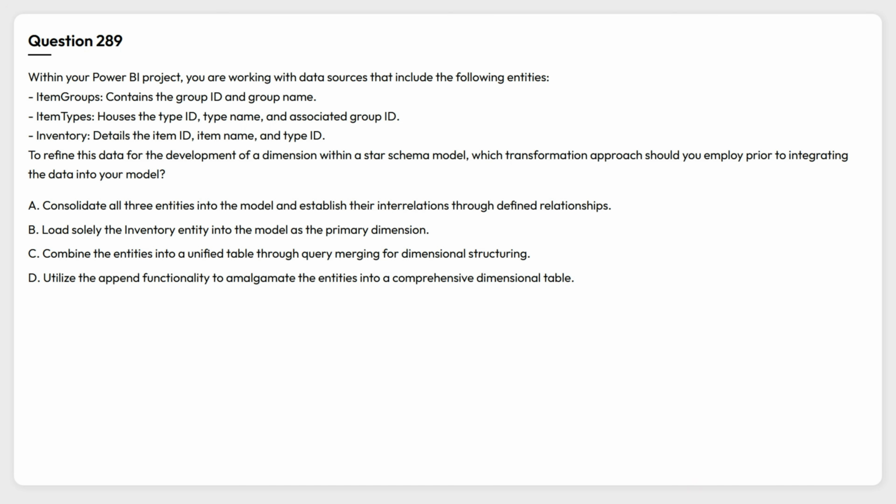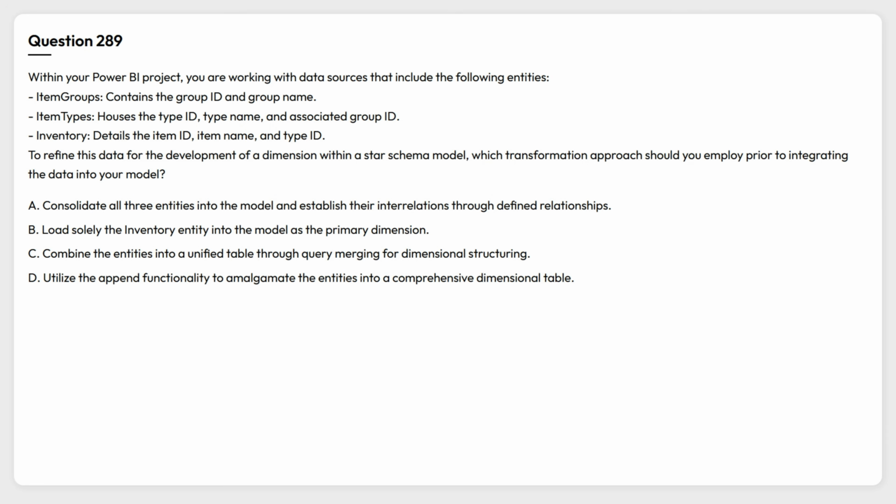Inventory details the item ID, item name, and type ID. To refine this data for the development of a dimension within a star schema model, which transformation approach should you employ prior to integrating the data into your model?